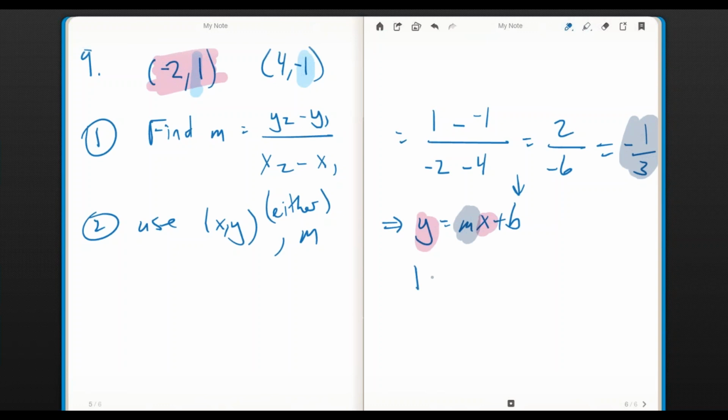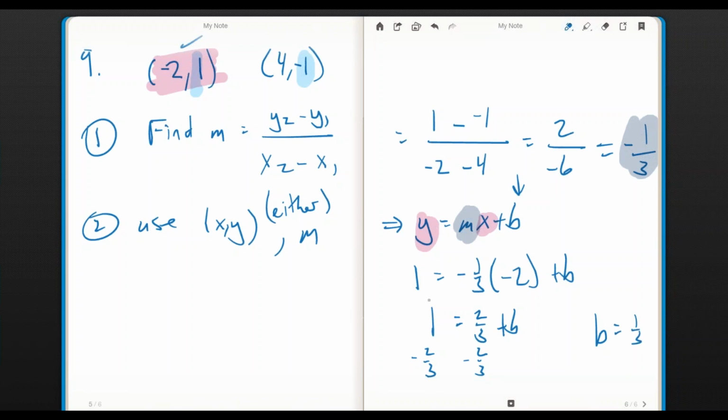So my y value is 1, because I picked this point to use. My slope is -1/3. The x value is -2 plus b. Notice the only variable I have is b. That's what I'm solving for. So 1 is equal to 2/3 plus b. If I subtract 2/3 from both sides, I'll get that b is equal to +1/3. Think of this as 3/3 minus 2/3 is 1/3.